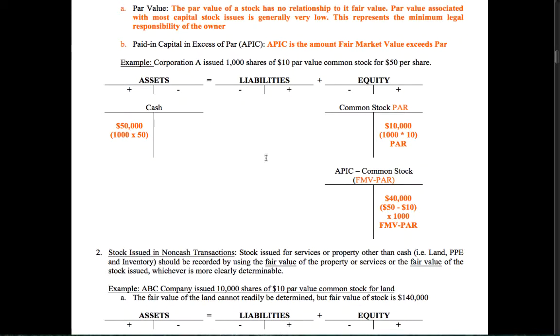One thing I will note with this structure of the T accounts, I've tried to provide something similar on all of your problems, and in addition, the same on the homework and quizzes if you have questions that cover this. On an exam, you may be given the T accounts with the names of the accounts filled in, such as cash, common stock, APIC, common stock.